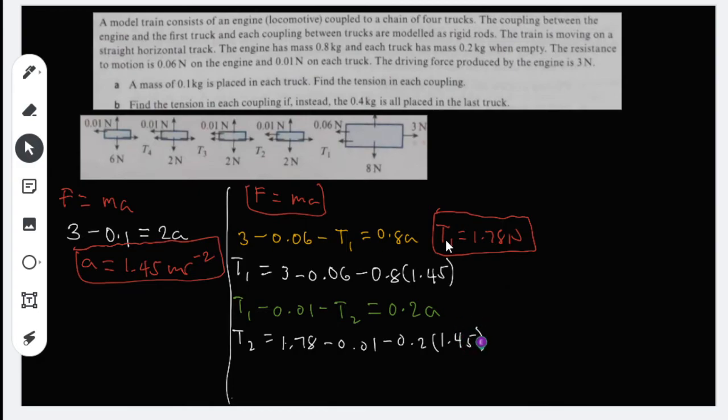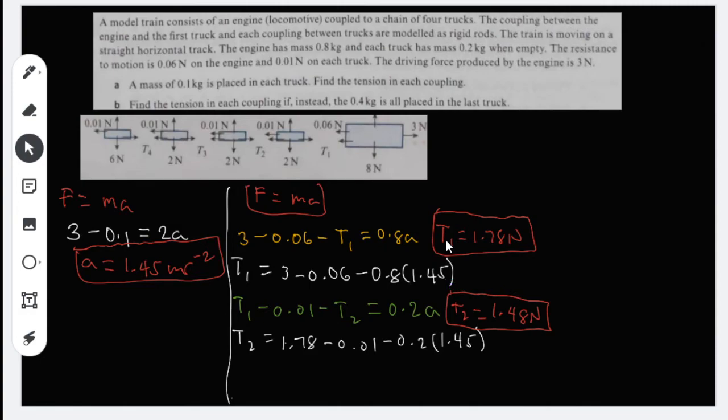So therefore, we will come up with our T sub 2 equal to 1.48 Newton. I hope we will have enough space here.